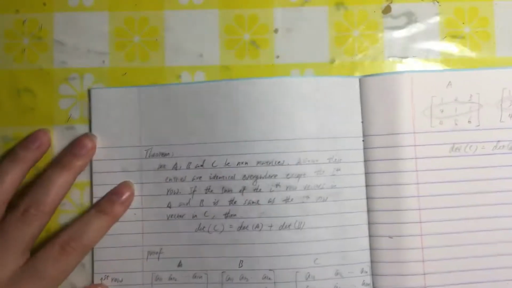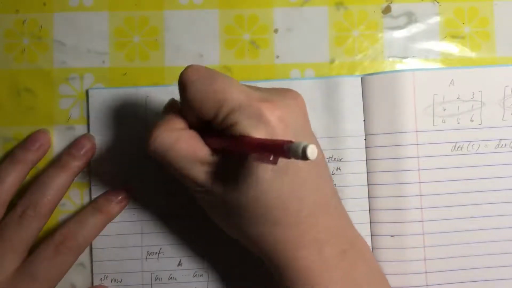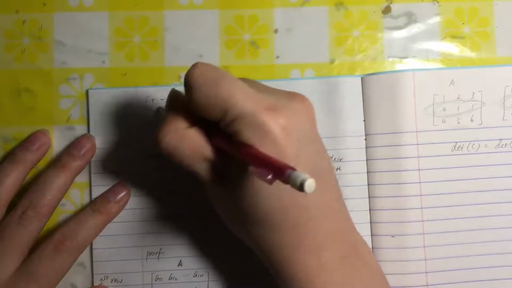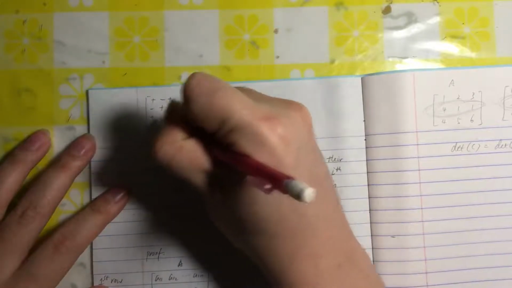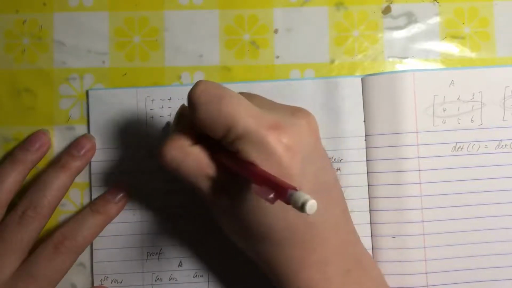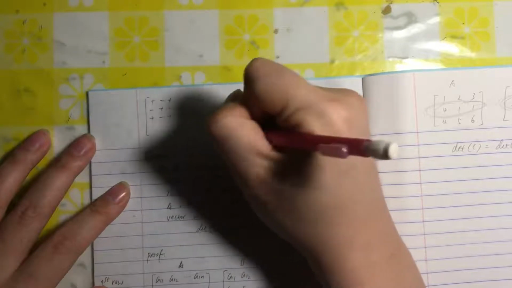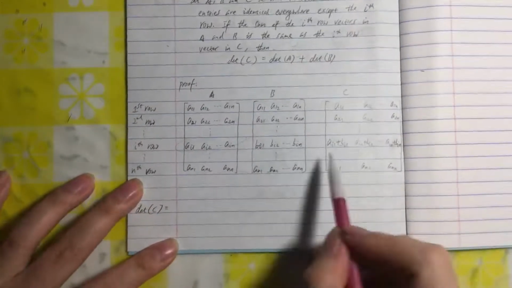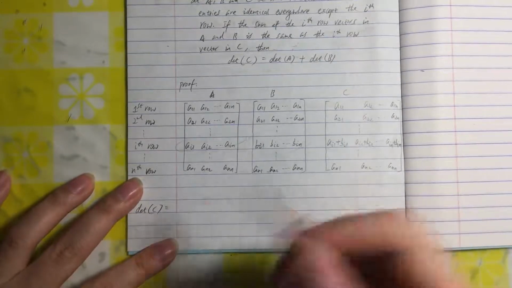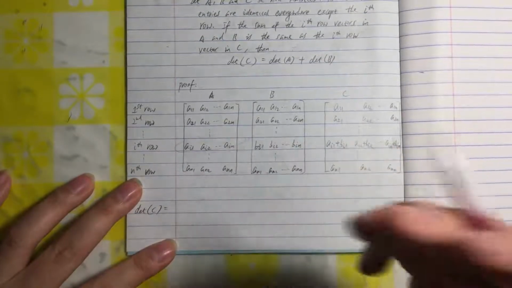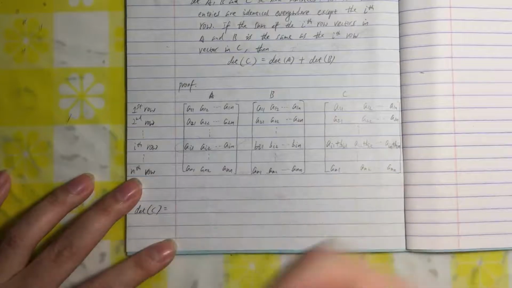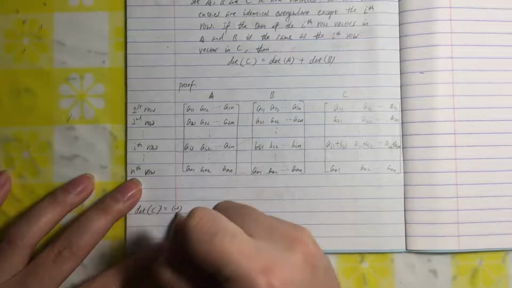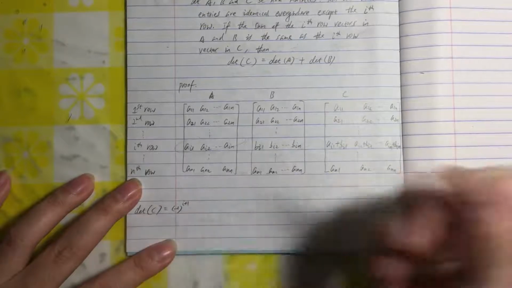The sign of the cofactor is alternating: positive, negative, and so on. Since we don't know if i is even or odd, we can't tell if the sign of the first entry is positive or negative. So let me write the sign as -1 to the power of i plus 1.